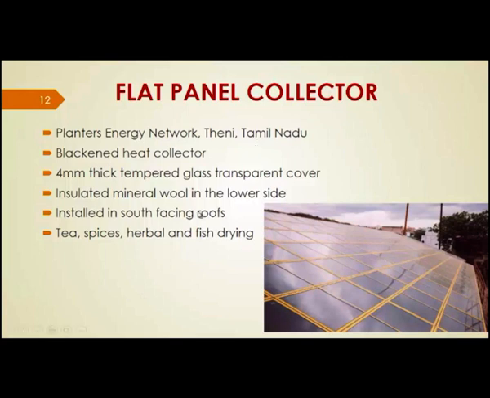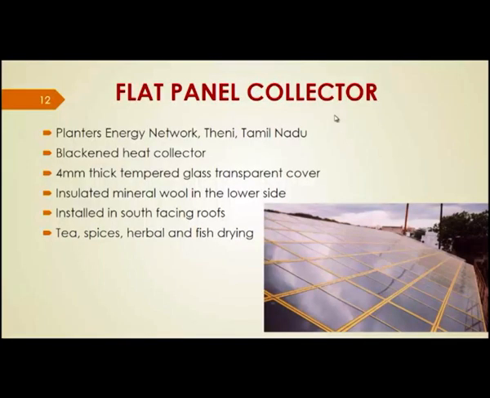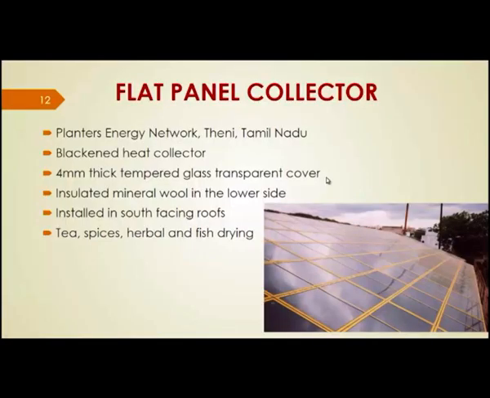Insulated mineral wool is used on the lower side, so that the heat is not dissipated and all the heat passes through the collectors only, and it is installed on south facing roofs. All the collectors are to be installed according to the angle, so that they get more output, and they are used for processing of tea, spices, herbal and fish drying.